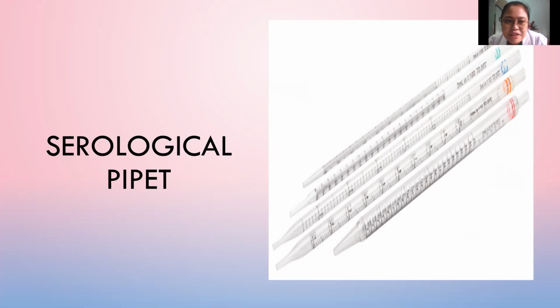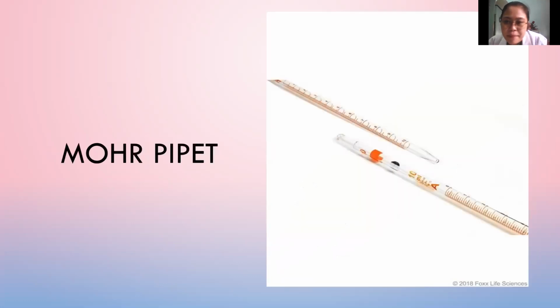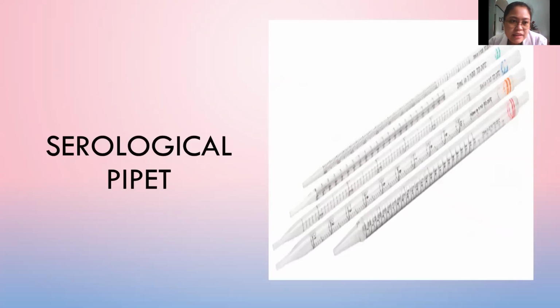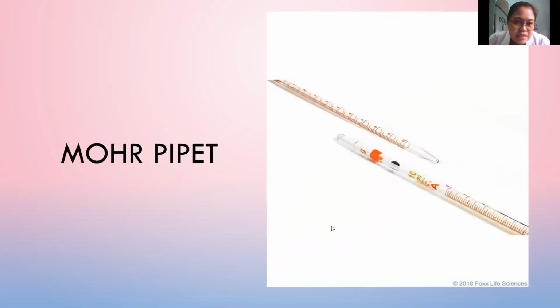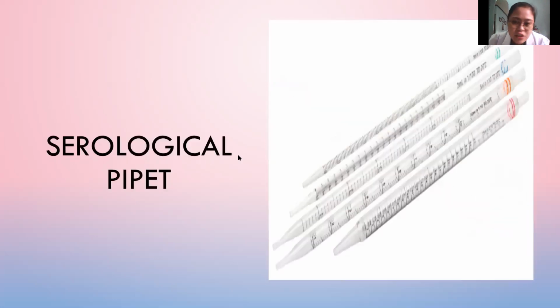Now, what's the difference between a serological pipette and a Mohr pipette? Actually, we have serological pipette class nga hangtod sa end na sila'y calibration. Si Mohr pipette man good, as you can see, malayo pa siya sa end yung mga graduation marks. Ang serological pipette, just like this one, malapit na siya sa end yung kanyang end ng graduation mark.